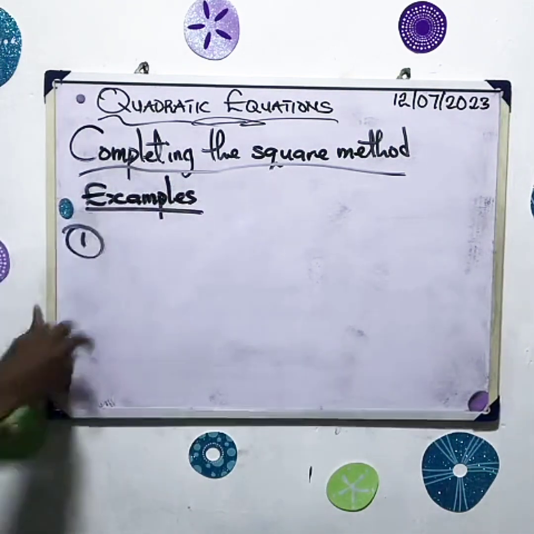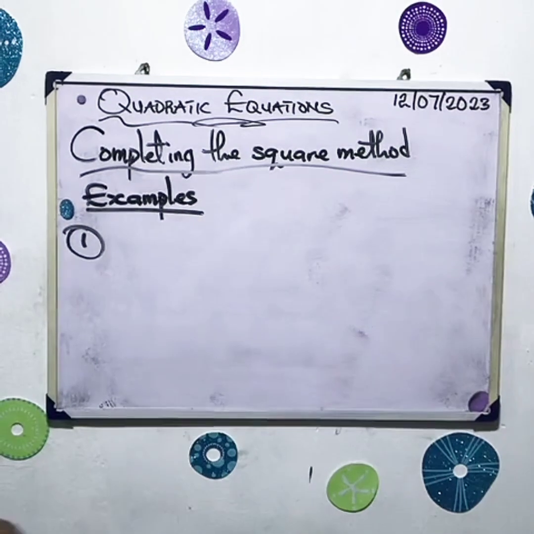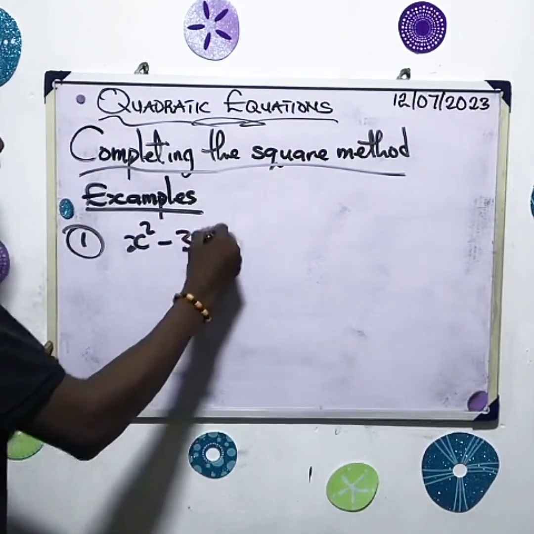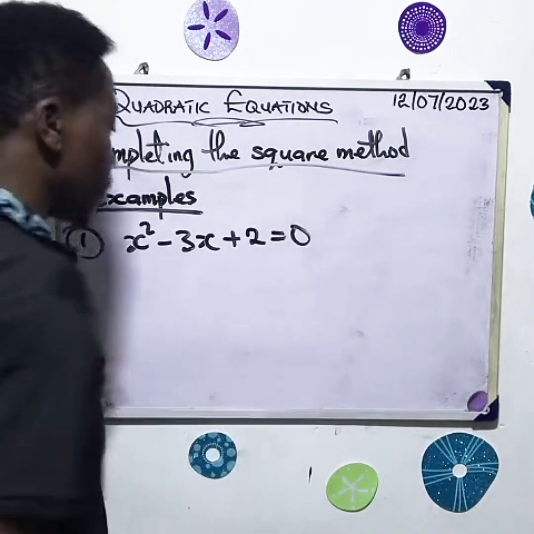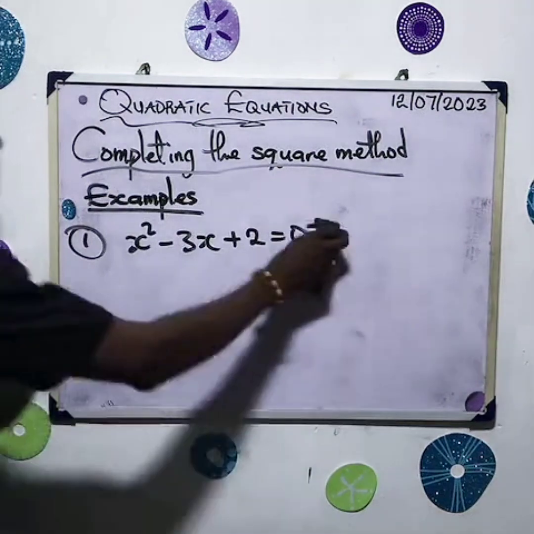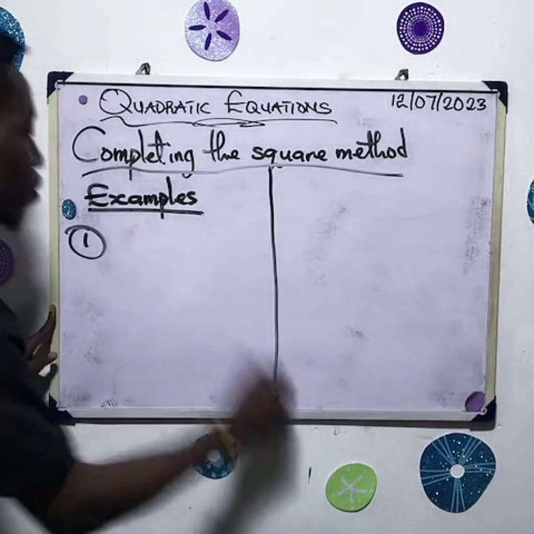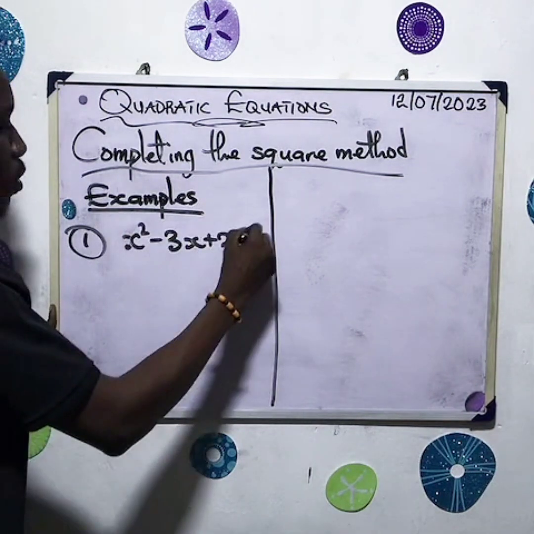Example number one says x squared minus 3x plus 2 equals 0. X squared minus 3x plus 2 equals 0.